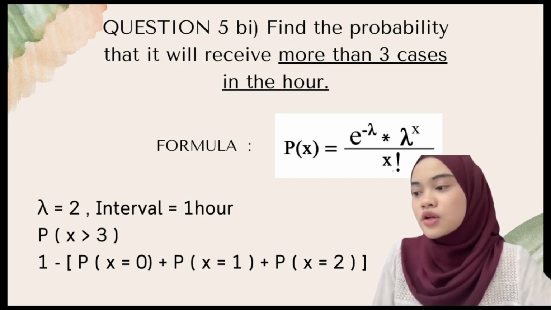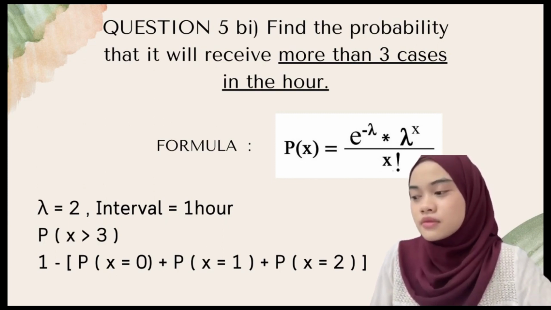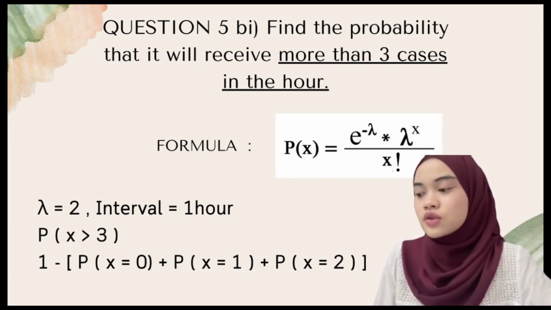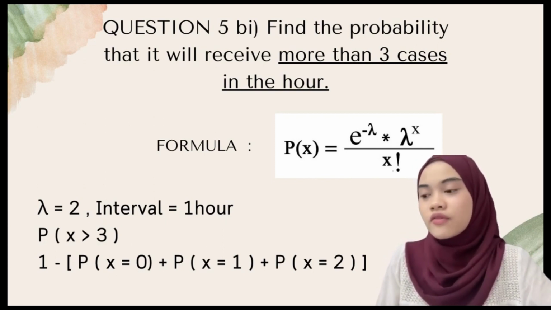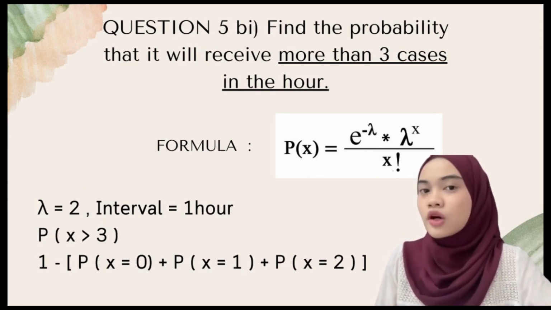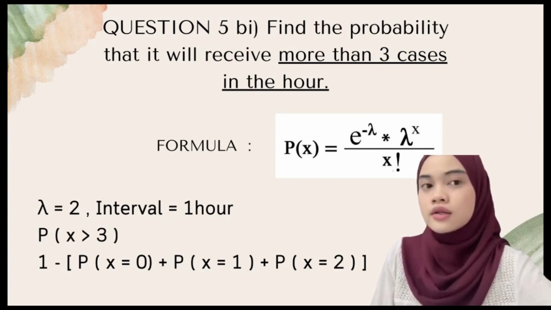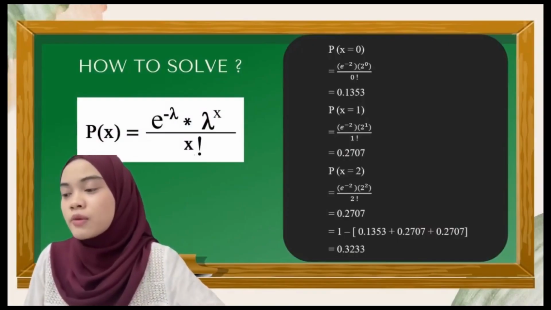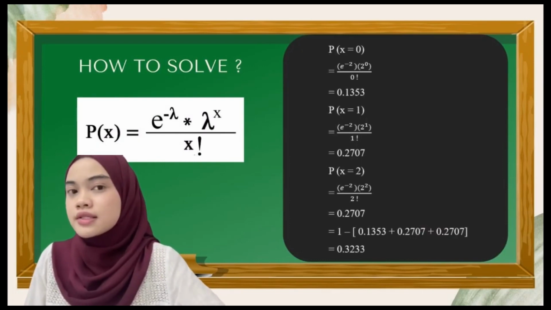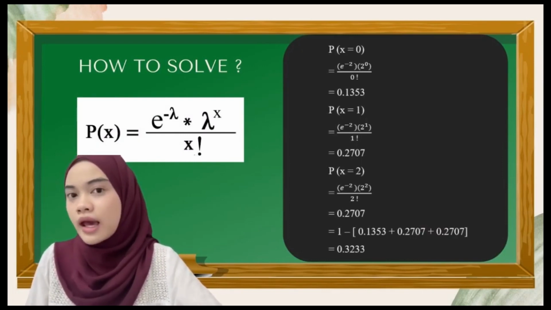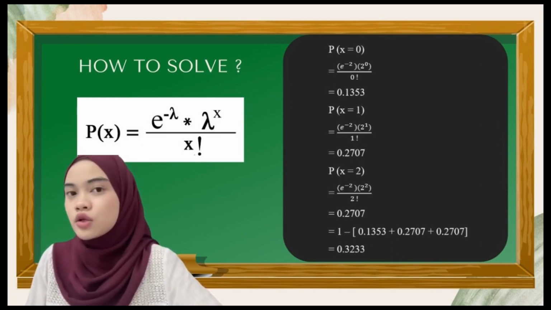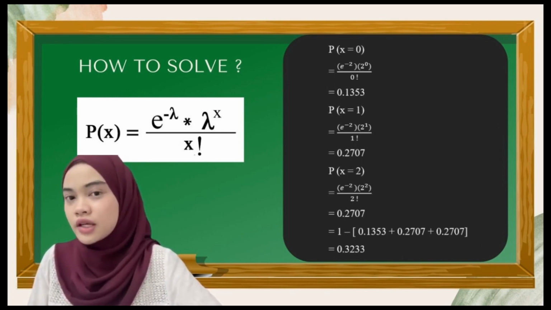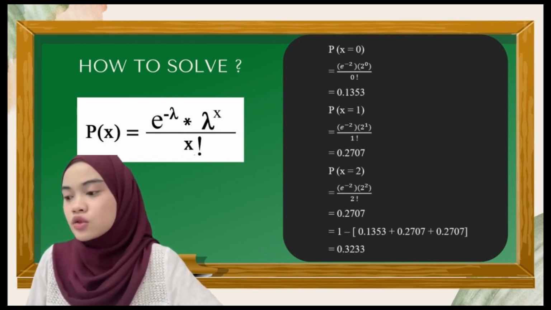By using Poisson distribution, we have to find the probability of x is equal to 0 plus probability of x is equal to 1 and probability of x is equal to 2. By using the Poisson distribution formula, probability of x is equal to 0 is 0.1353, and probability x is equal to 1, we get 0.2707.